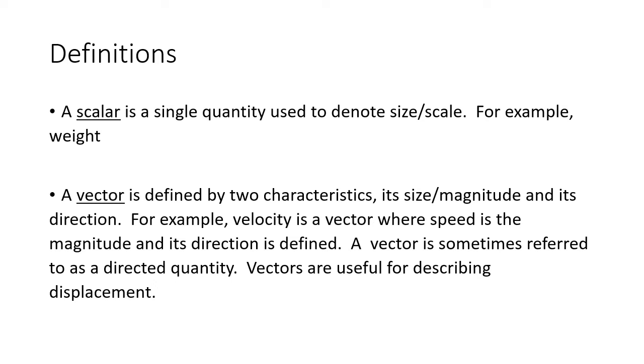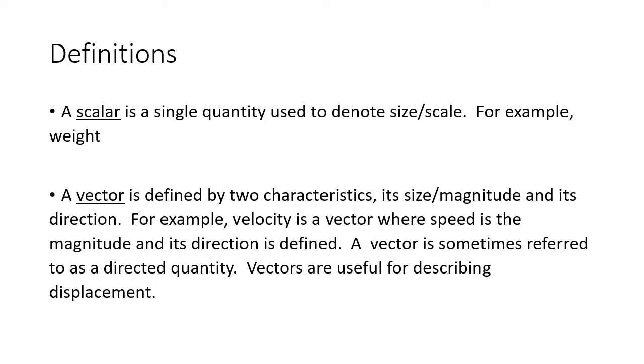Now a vector is a little different because a vector is defined not just by its size or scale, but also, in addition, by its direction. The most common example is velocity. Velocity is a vector where your speed is your magnitude. That's how fast you're going. But for velocity, we also need to have our direction defined.